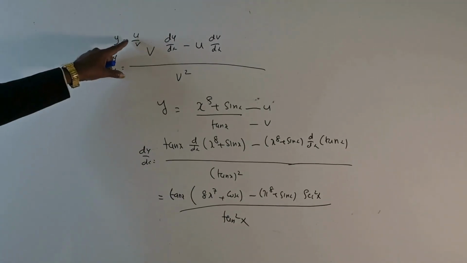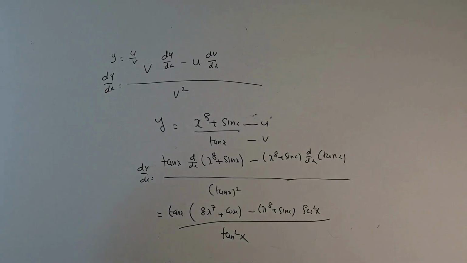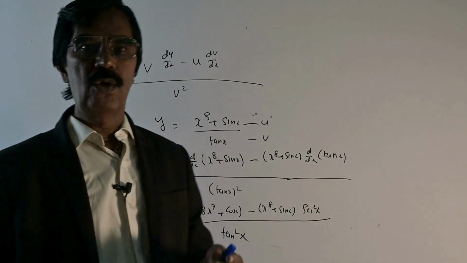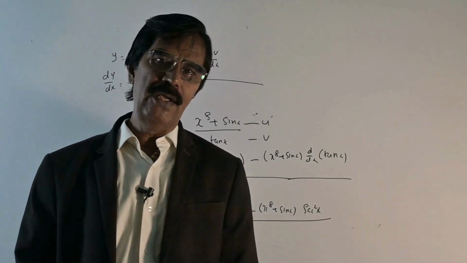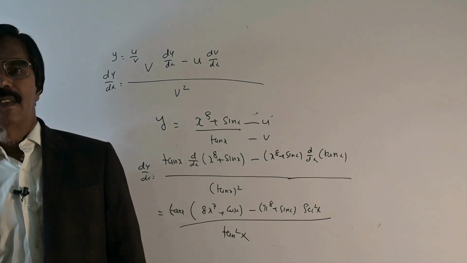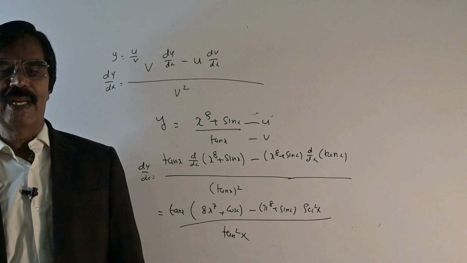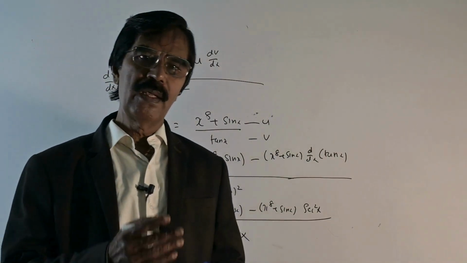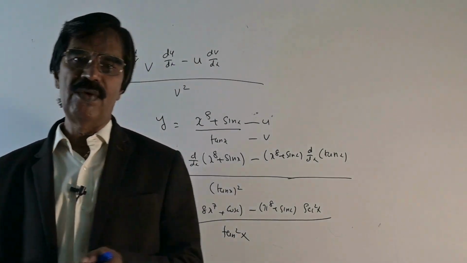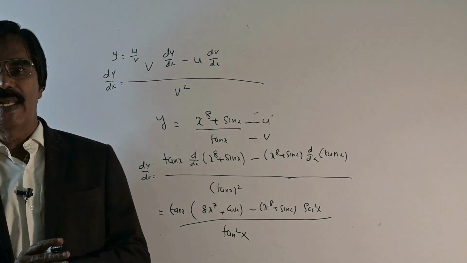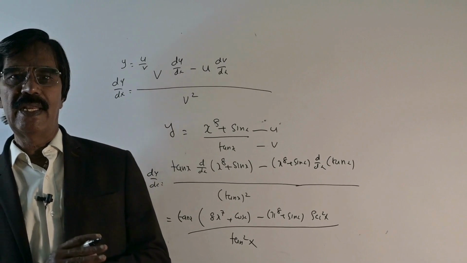So y is equal to u by v. All the four formulas. Y is equal to u plus v plus w when you differentiate, dy by dx, du by dx plus dv by dx plus dw by dx. Y is equal to u into v, u as it is, v differentiated, plus v as it is, u differentiated, u into dv by dx plus v into du by dx.